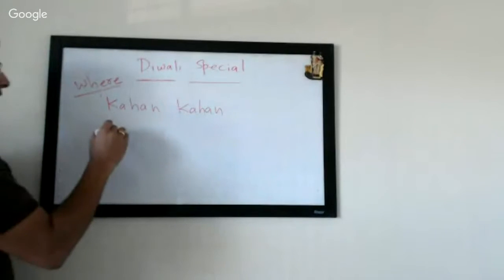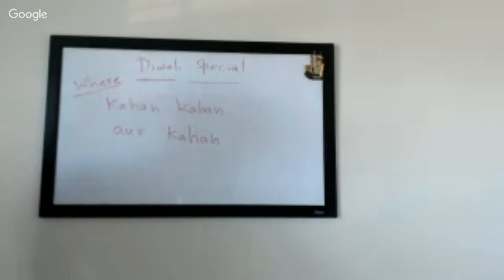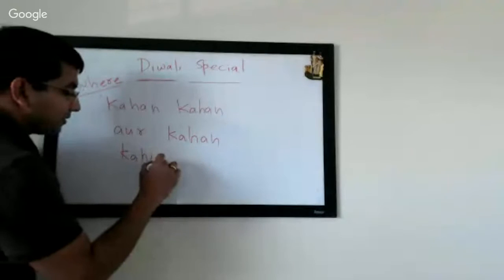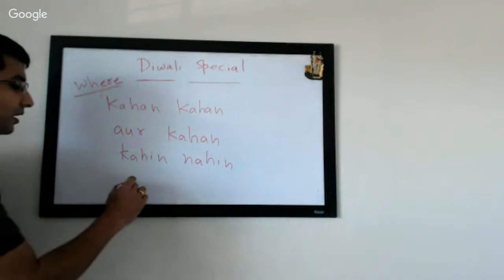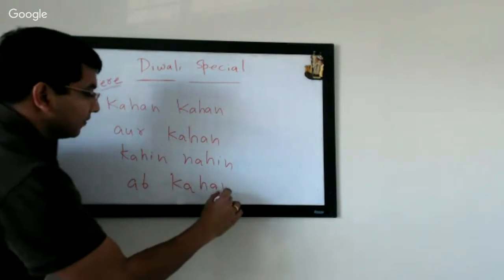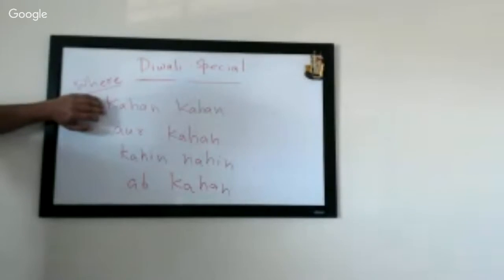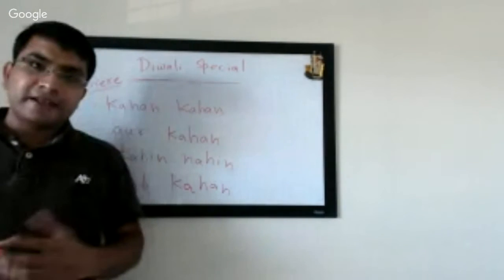Kahan, kahan, okay? और कहाँ, कहीं नहीं, and the fourth one is अब कहाँ. Interrogatives are sometimes used in a special manner. It's basically emphasizing it.